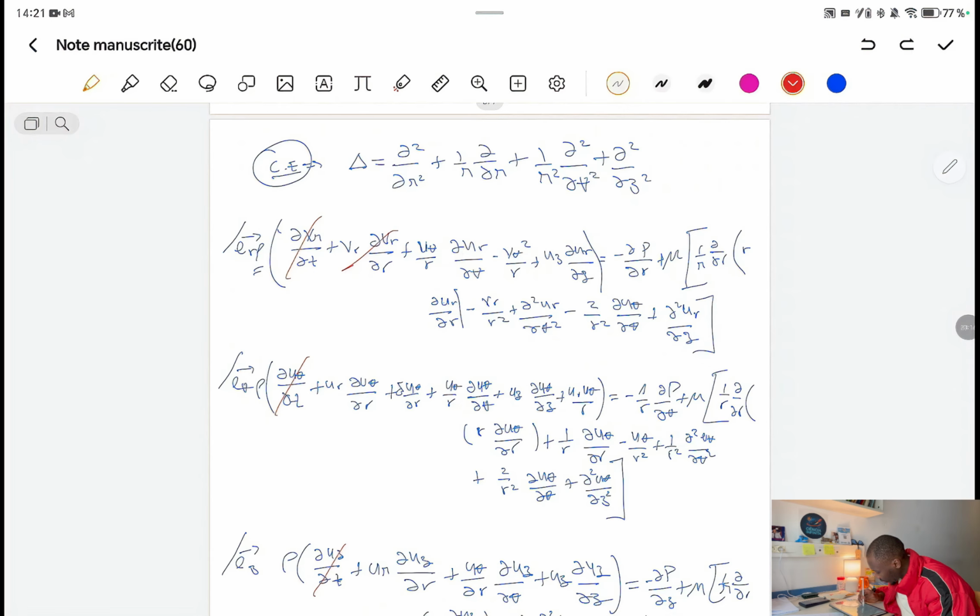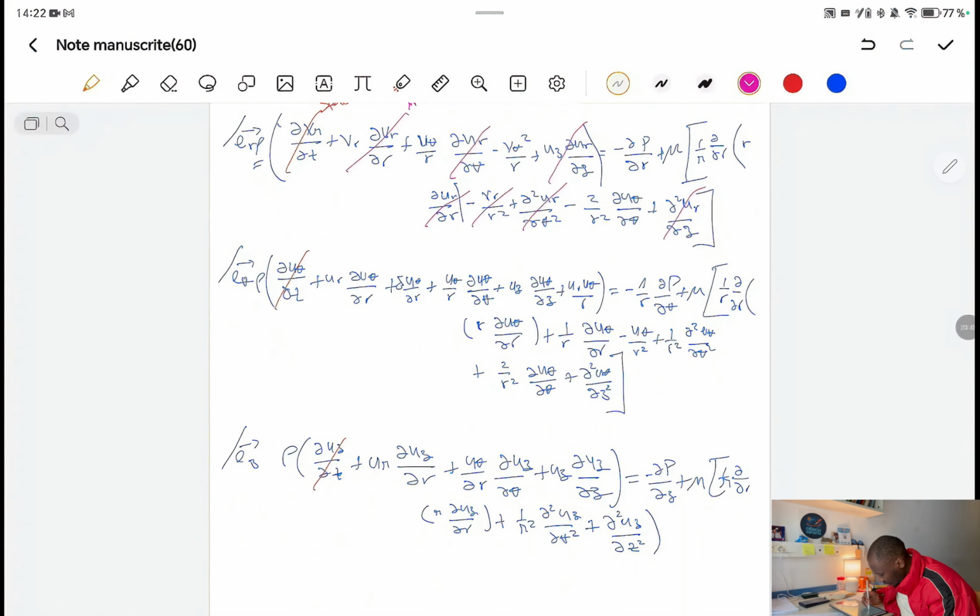Let me check. Then you can write here: stationary, vr is equal to 0. So those disappear. That one disappears, that one as well.